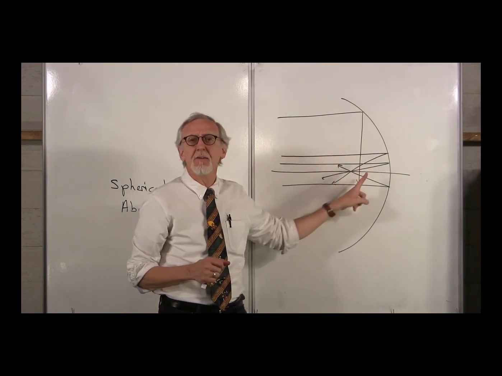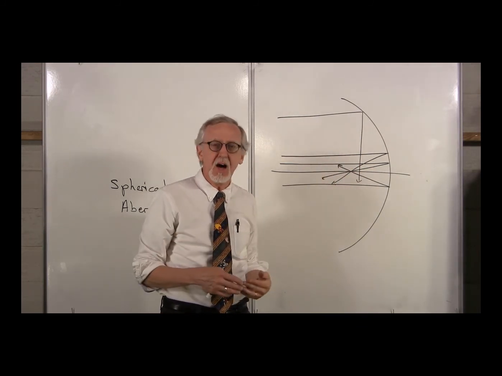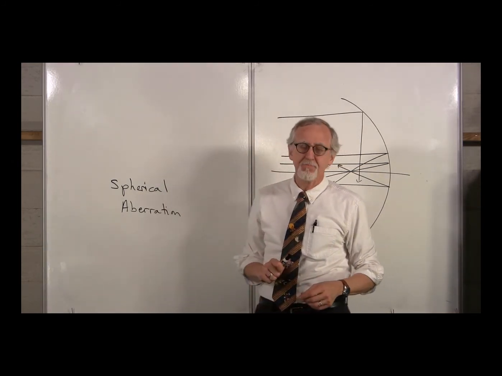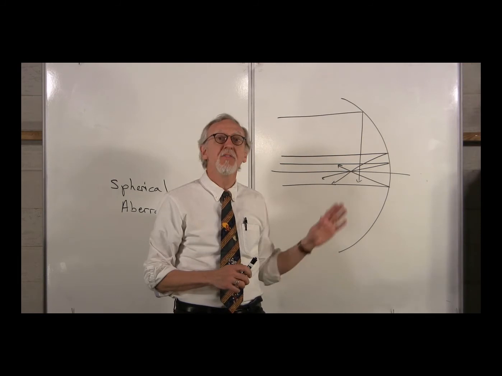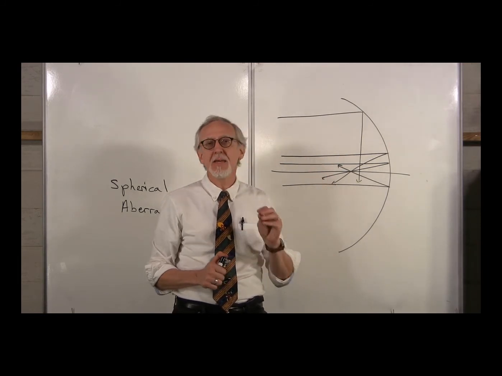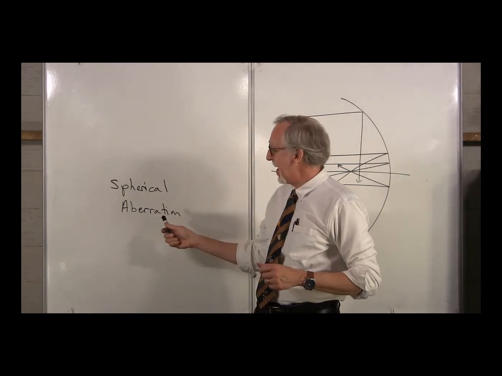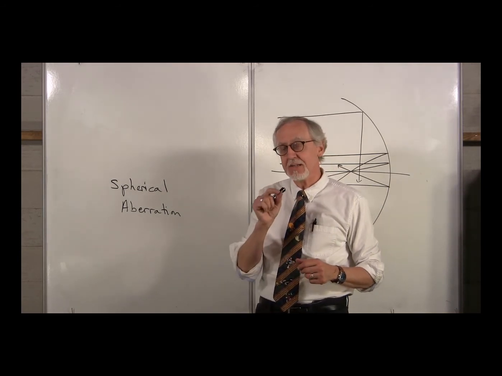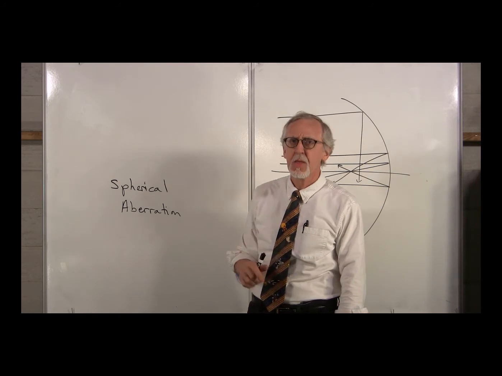This unfocusing of the image is what is called spherical aberration. When you have a spherical mirror, the image is not going to be exactly in focus. And that's what this refers to, the fact that the image is really not going to be perfectly focused.